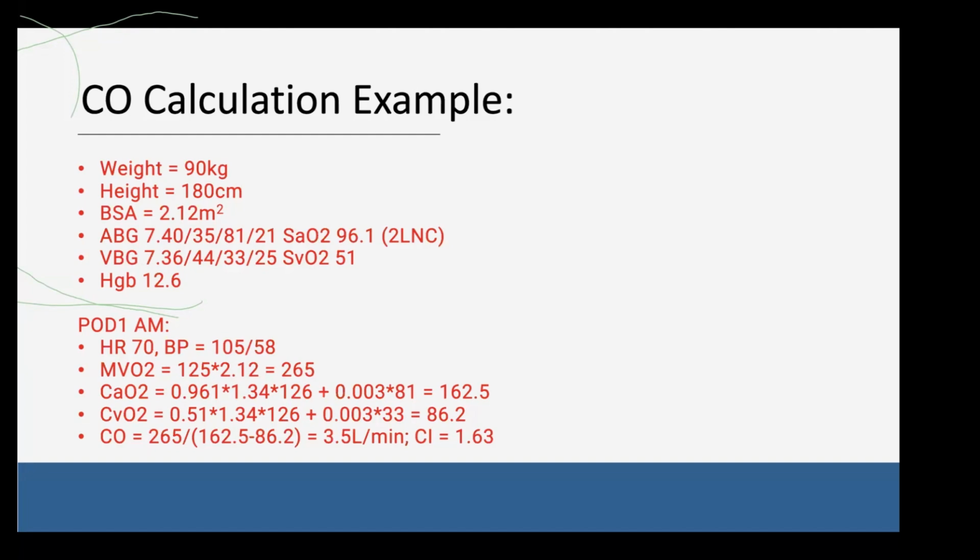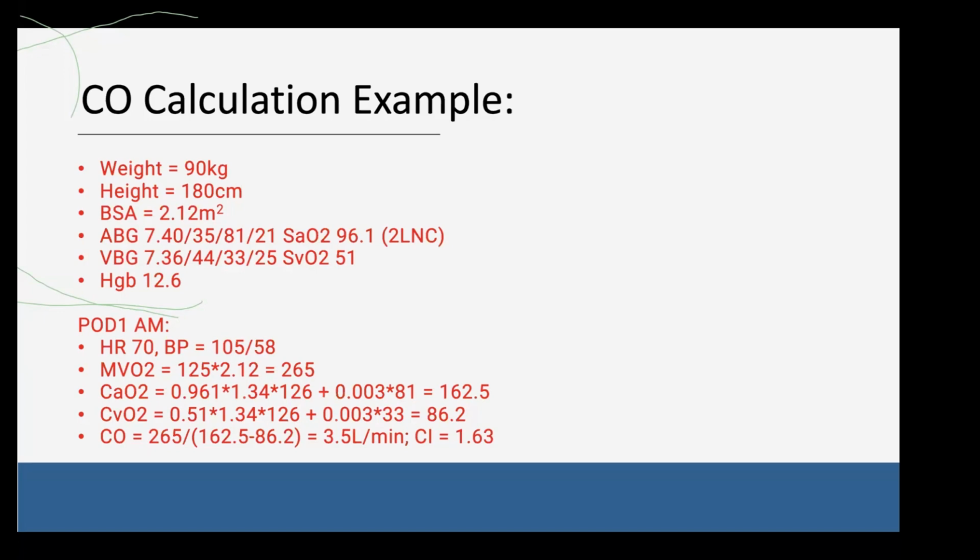And this is kind of providing feedback, right, for the decisions you made. So for him, the same weight, height, BSA, ABG was pH of 7.4, PaCO2 of 35, PaO2 of 81 on 2 liters of nasal cannula, and a calculated bicarb of 21.